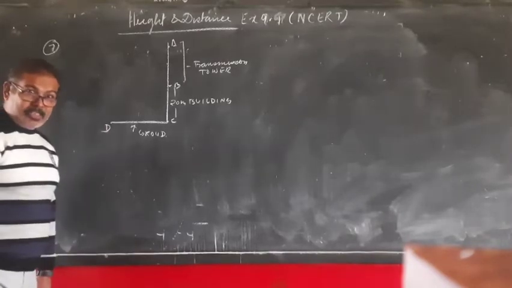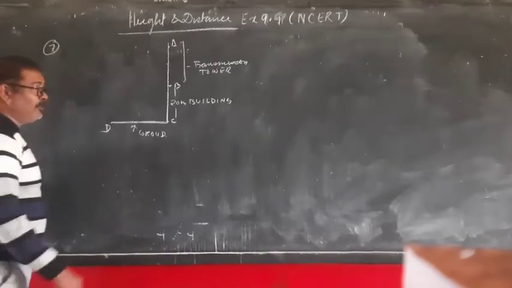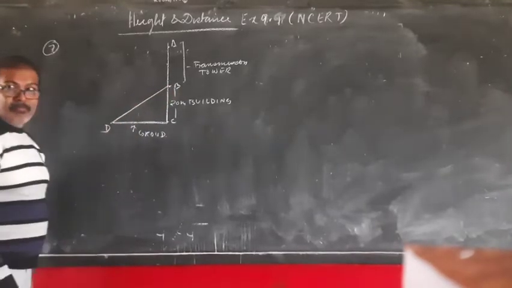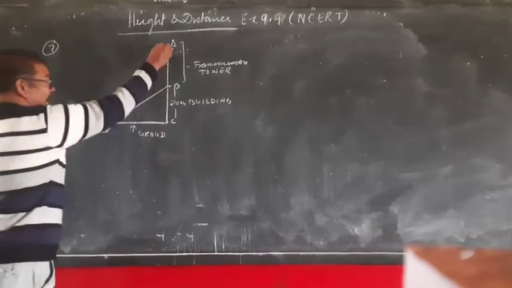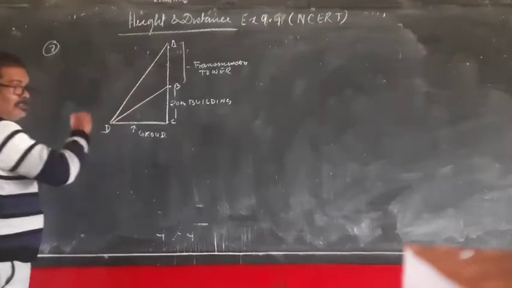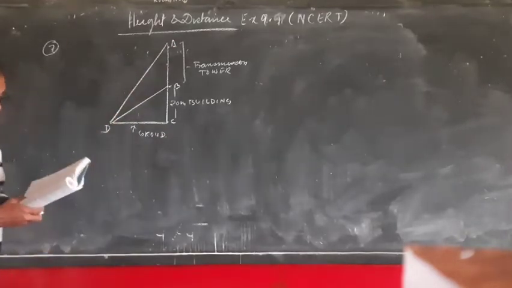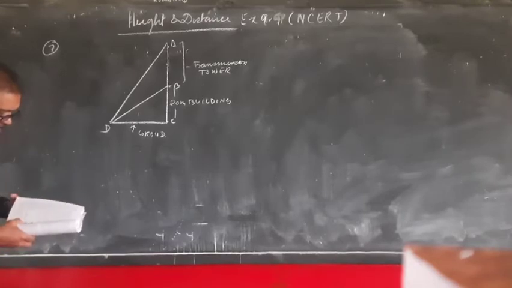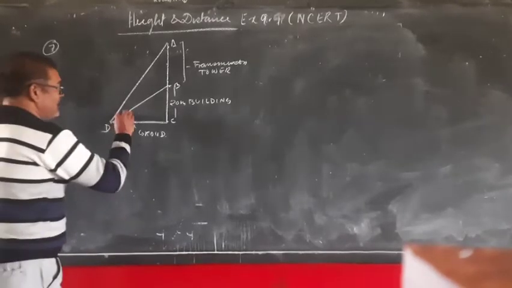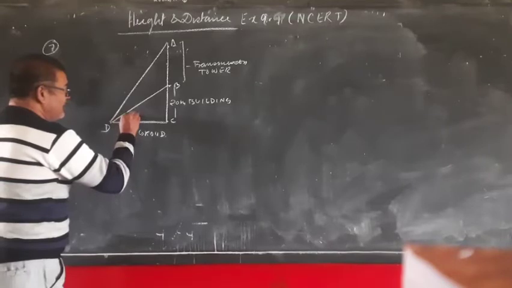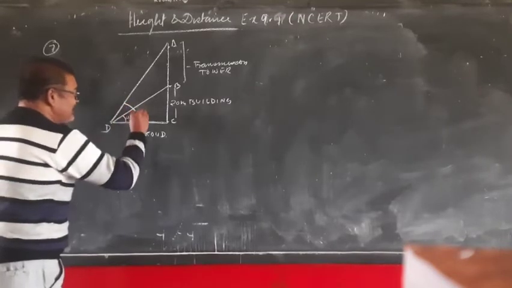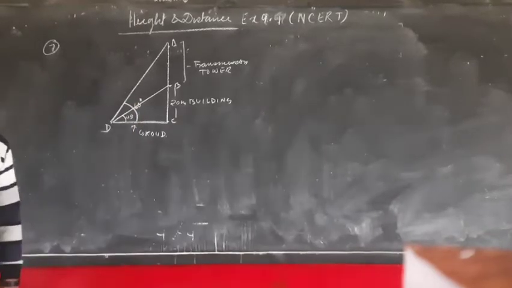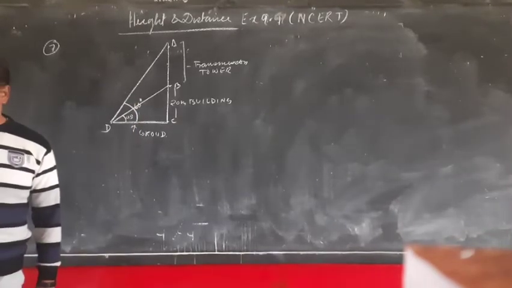From this point, the angle of elevation of the top of the building and the top of the tower are given, 45 degree and 60 degree. So this angle is 45 degree and this angle is 60 degree. Once more I would like to explain this question.